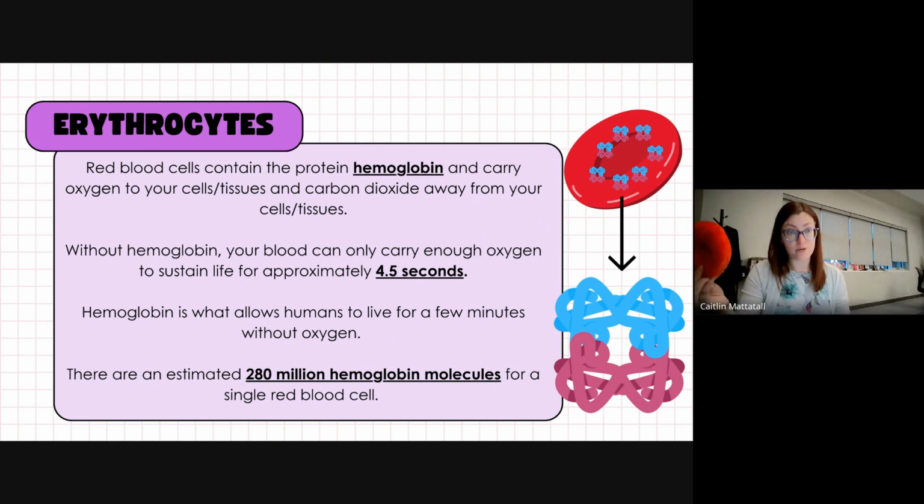Per drop of blood, let's meet in the middle and say 5 billion red blood cells. So that's 5 billion times 280 million hemoglobin molecules. Then we multiply that by the 5 liters of blood that you have in your system. It's an even bigger number than the amount of blood cells you have in your body.